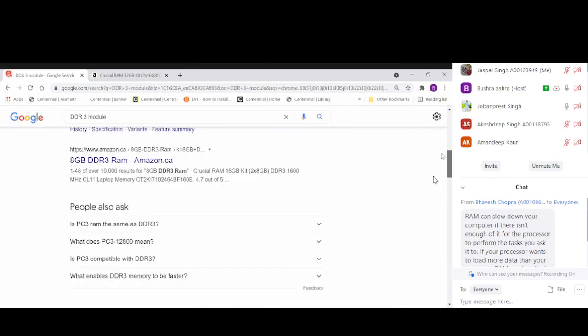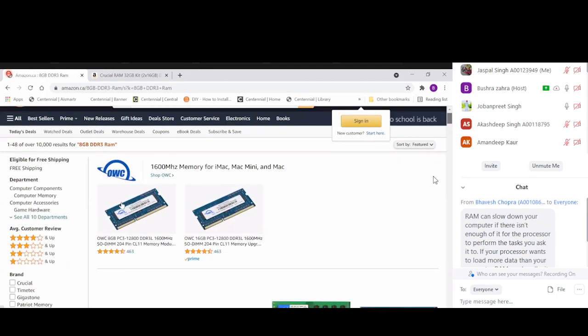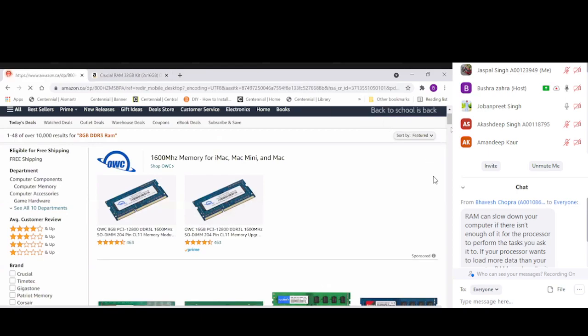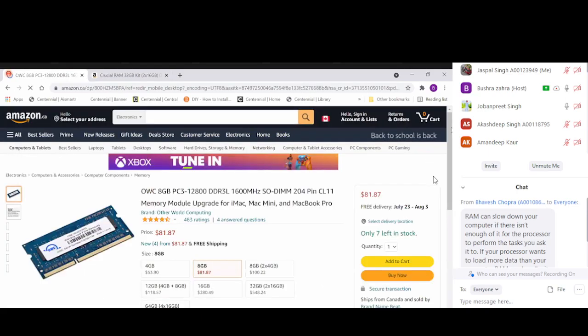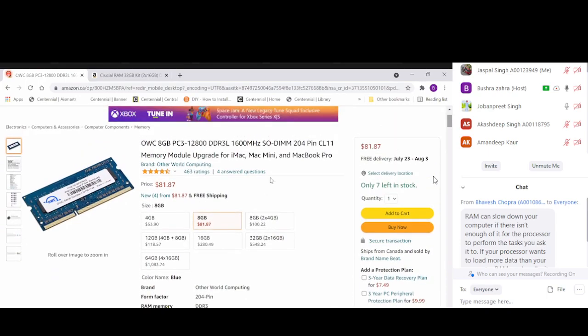This one, DDR3. You check it out at your side. What does it say? Maybe you find a cheaper memory in your country, right? So this information is very important, right? So CL11, number of pins, and speed, you know.